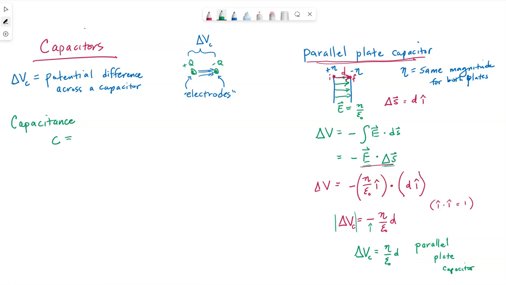Capacitance is defined as essentially the charge that accumulates on either electrode, whether we're talking about something like the two small spheres or even the parallel plate. Each plate would be considered an electrode.